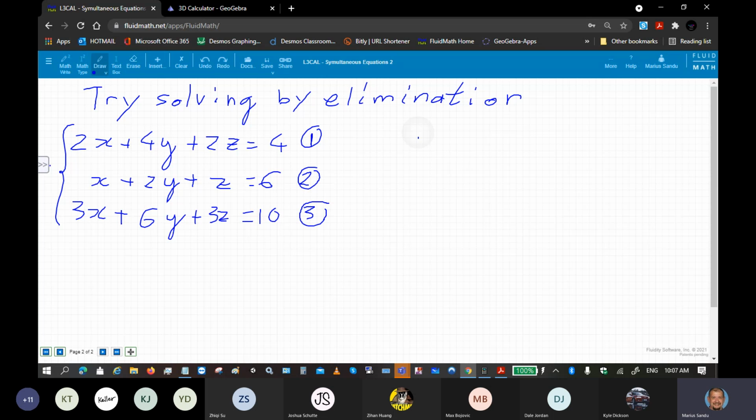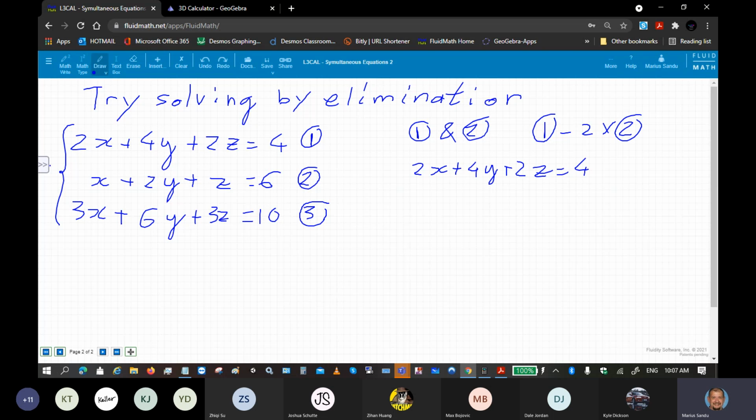Okay, and now I take 1 and 2. And I scale, so I'll do 1 minus 2 times the second equation. Yeah, and let's see what I've got. I've got 2x plus 4y plus 2z equals 4.